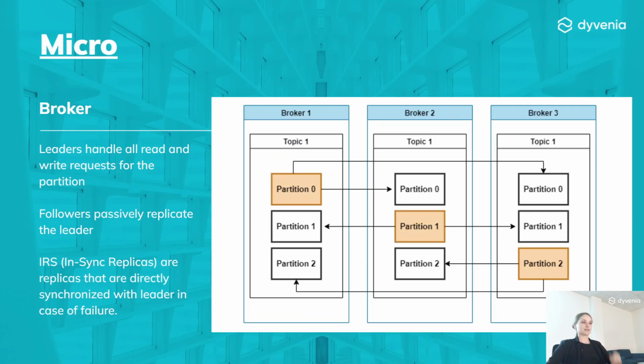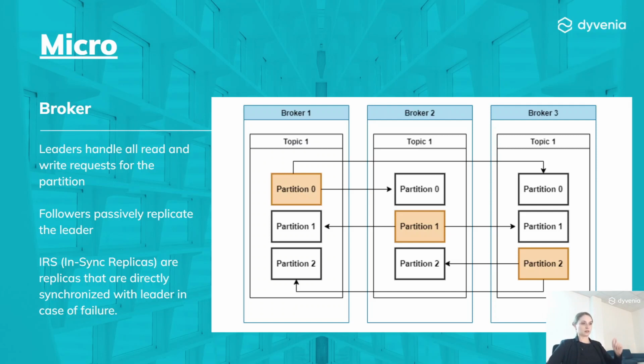Brokers also have the leaders. As you can see in the picture, some partitions are colored in orange. This indicates the leader, the one that Zookeeper has chosen. This partition contains all the data, the directly written one, and the followers, which are other partitions in different topics, are just replicating what the leader has.